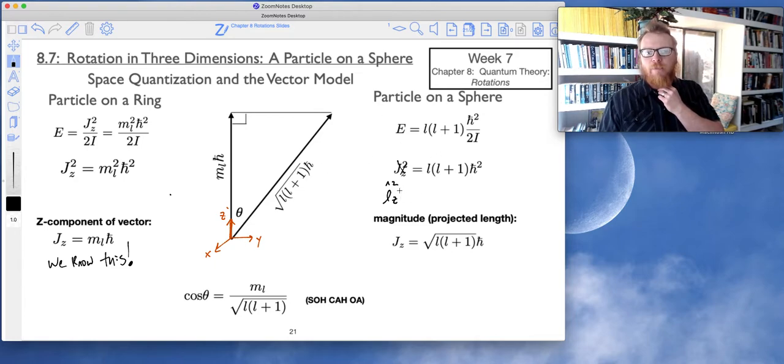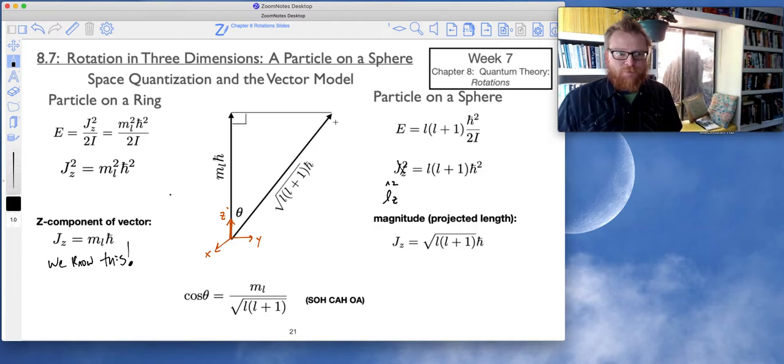Well, my projected magnitude is given by root L times L plus 1 h bar. Okay? And I can turn that magnitude into projected length by taking the square root. And so now I get that the length of this vector becomes root L times L plus 1 h bar. And this makes a 90-degree triangle.